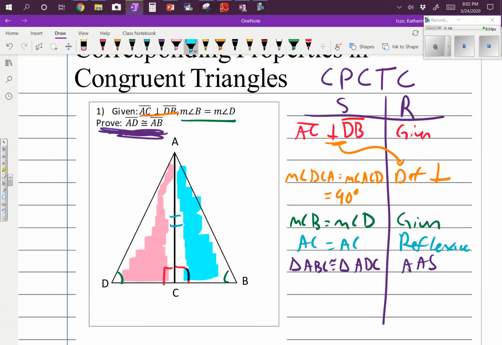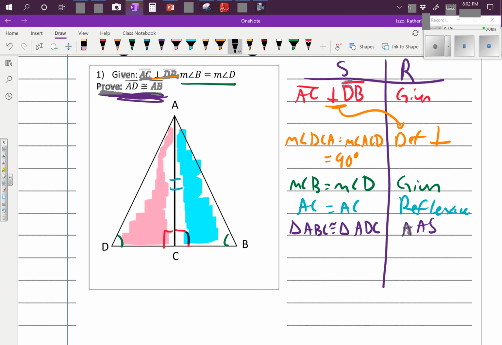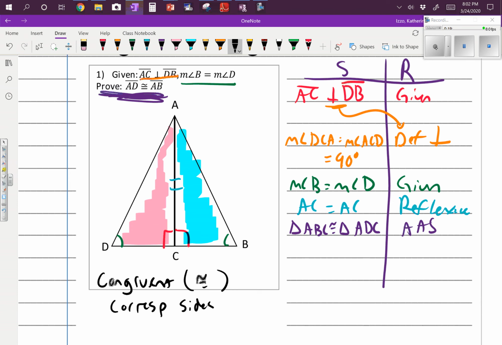What does congruent actually mean? What is the definition of congruent? Congruent, or the equals with the squiggle. It means corresponding sides are equal, corresponding angles are equal.